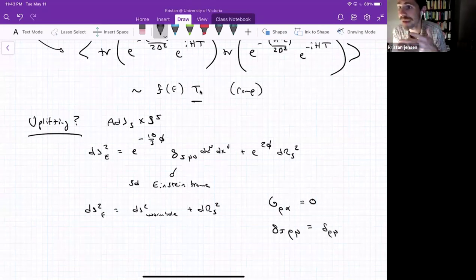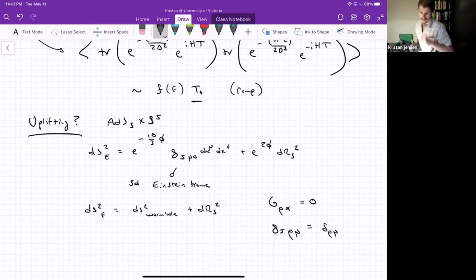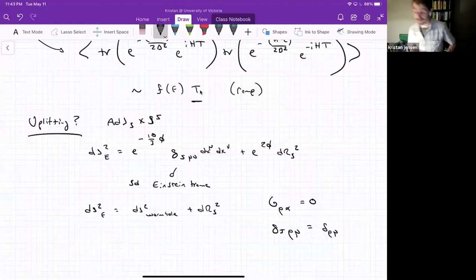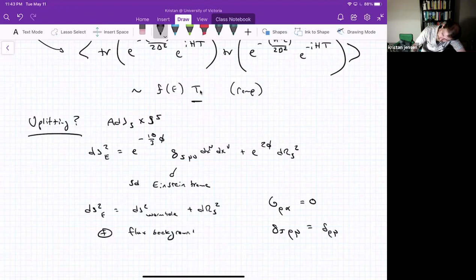In other words, we gauge fix the 5D metric in the same way as above, and we gauge fix that there's no mixing between rho and the angles on the S5. Those things combined allow us to easily uplift our wormhole to a solution of the gauge-fixed 10D supergravity. It's a little bit harder than this because you also have to figure out the Ramond-Ramond background, but that's basically fixed by flux quantization. So it's this plus a flux background. So you can find the wormhole this way, and you can also do similar things in AdS4 times S7, and all the usual examples.